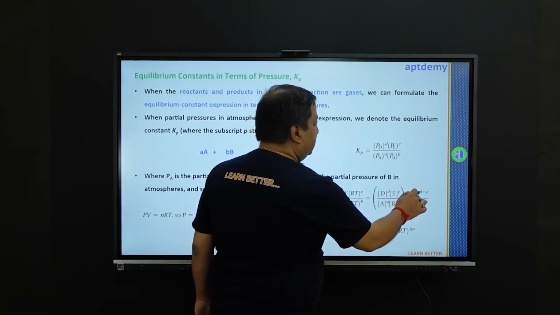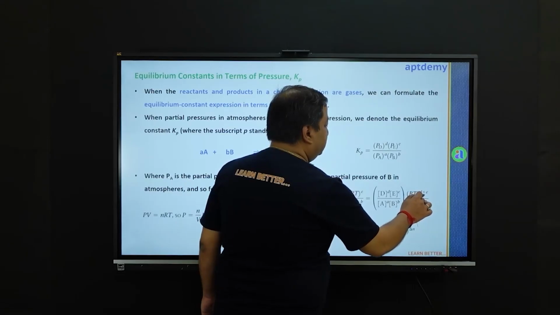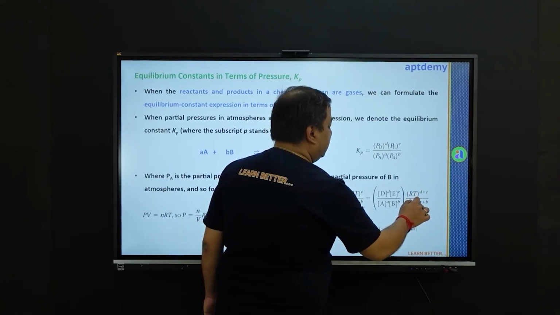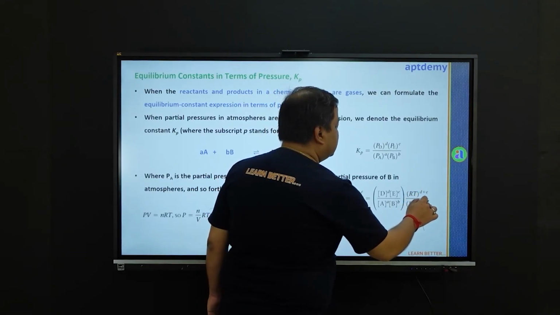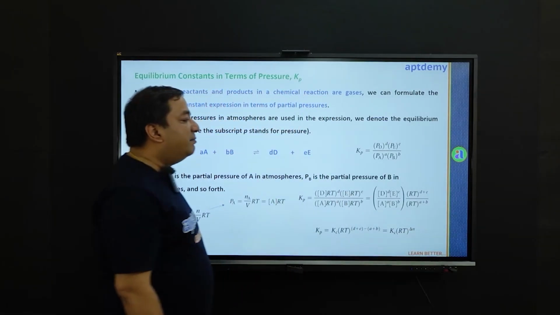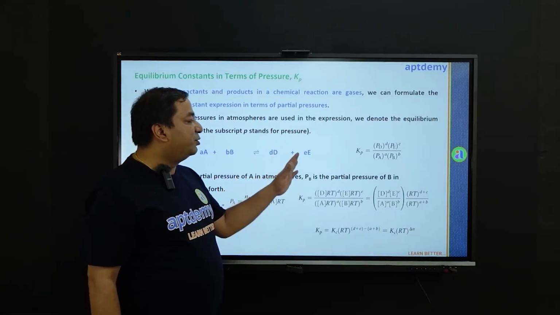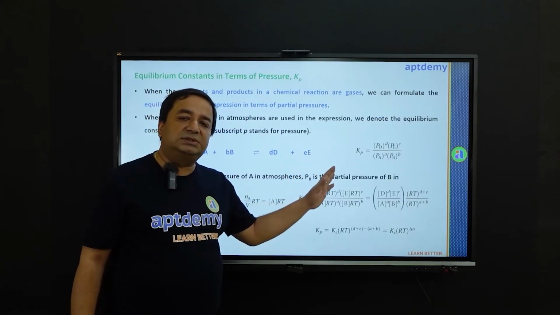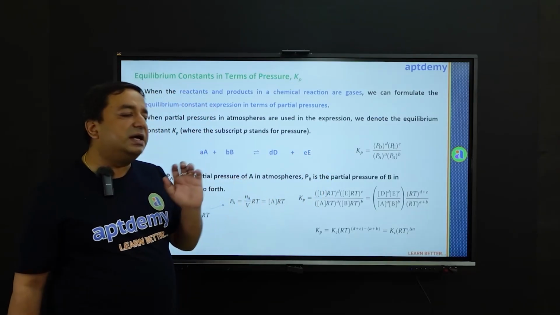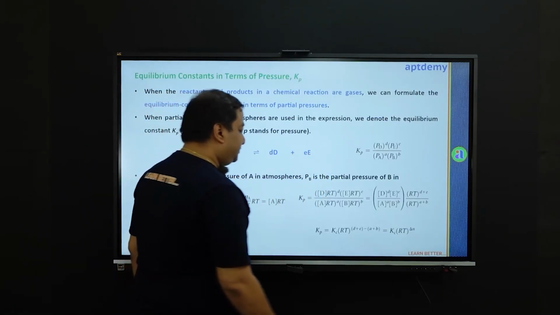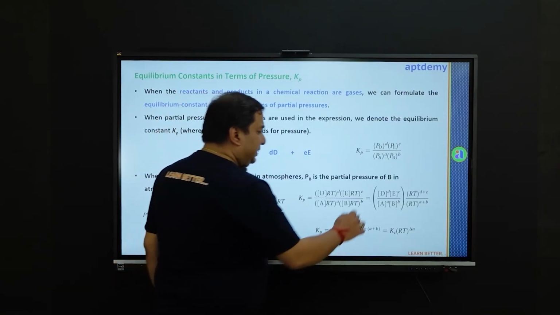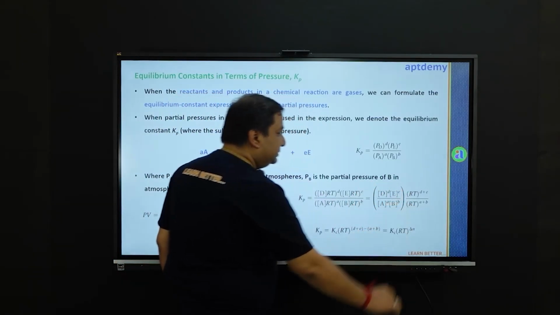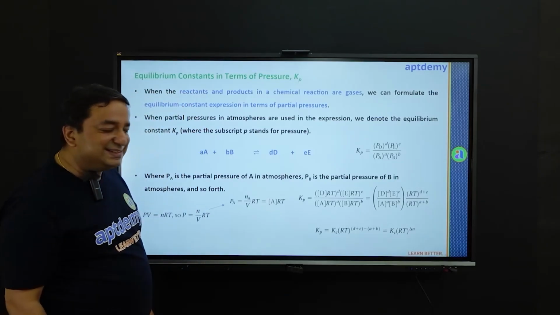And as we know, d plus e minus a plus b is basically the number of moles of the products minus the number of moles of the reactants, and that is nothing but delta n. Okay, so now this one is actually Kc.